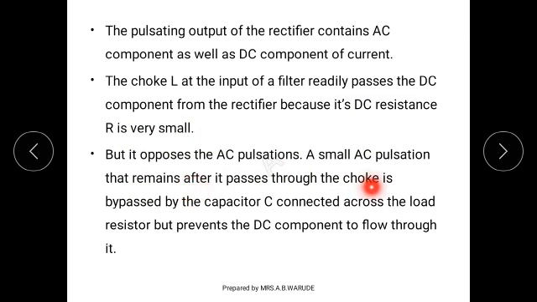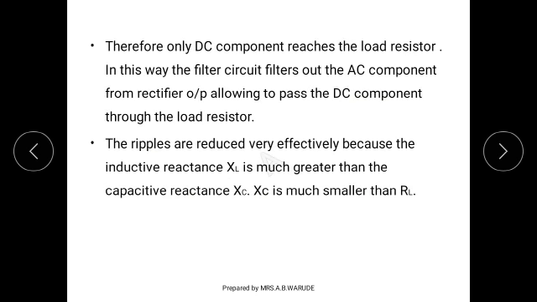and a small AC pulsation that remains after it passes through the choke is bypassed by the capacitor C connected across the load resistor, but it prevents the DC component to flow through it, and therefore we get only the DC component at the load resistor.